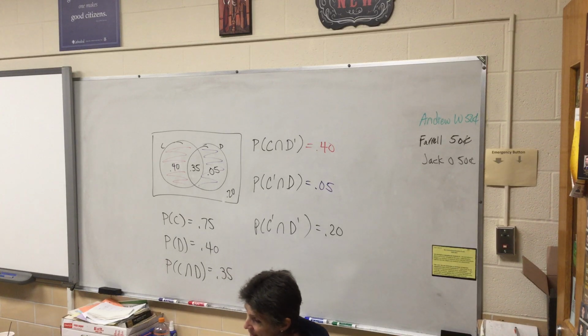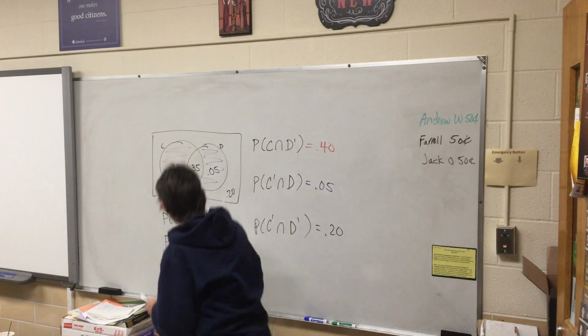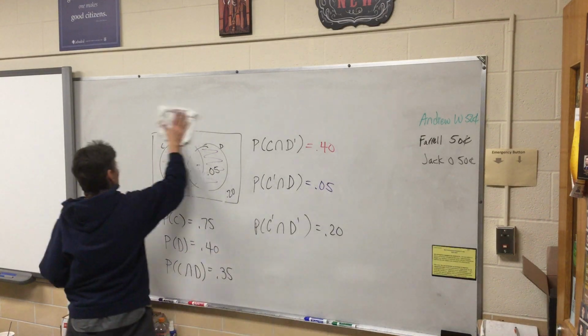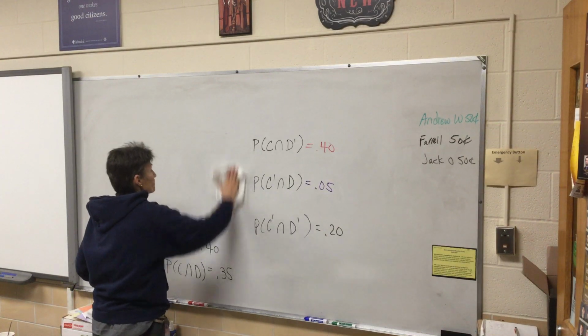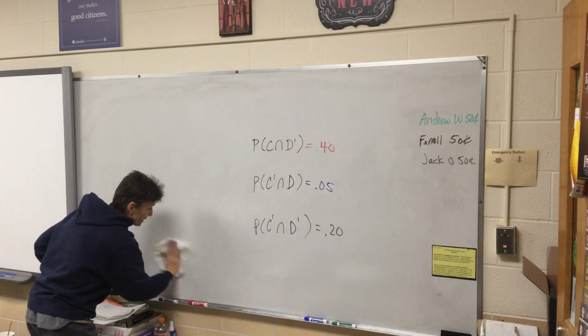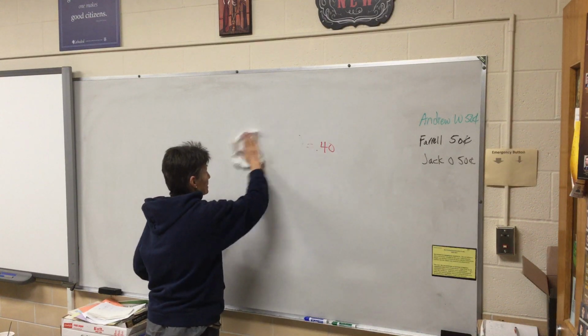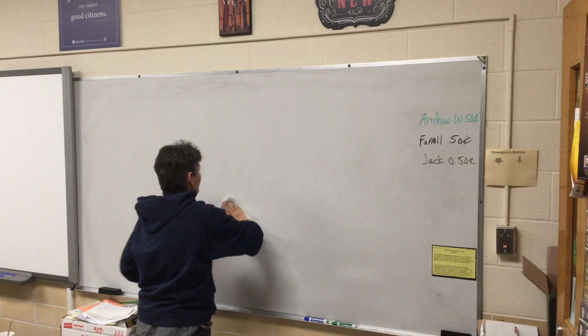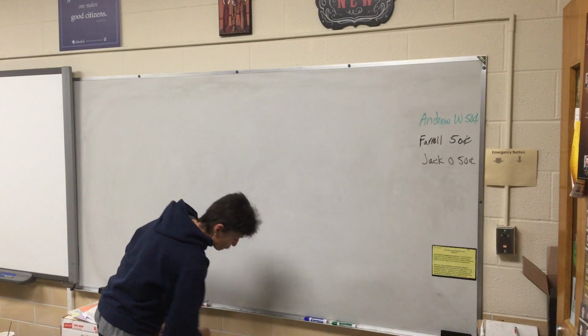Okay, then let's go to the next page. And this is our last kind of probability we're going to talk about. It is called conditional probability. And I would suggest that you use a tree diagram.